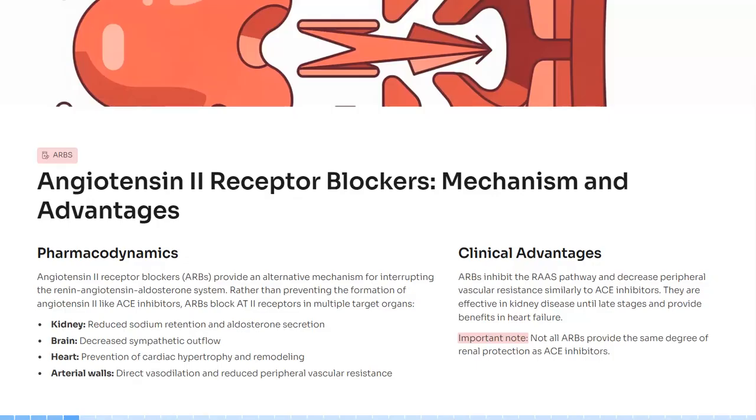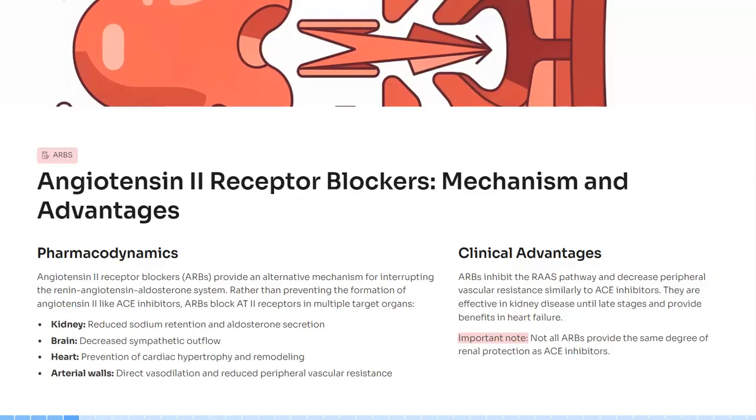In the kidney, there's reduced sodium retention and aldosterone secretion. In the brain, there's decreased sympathetic outflow. In the heart, prevention of cardiac hypertrophy and remodeling. In the arterial walls, there's direct vasodilation and reduced peripheral vascular resistance.